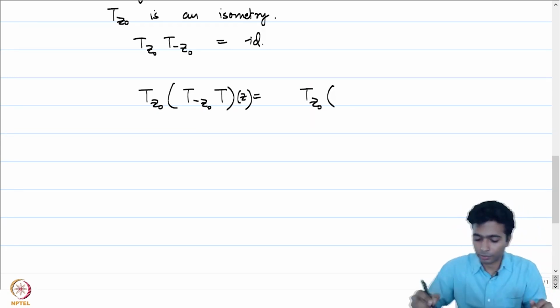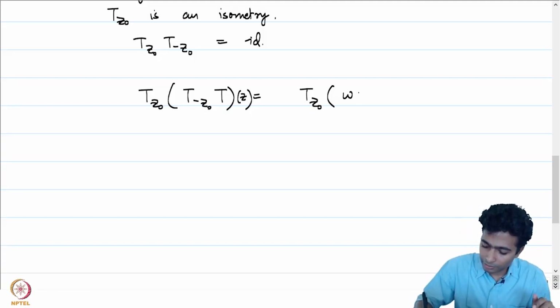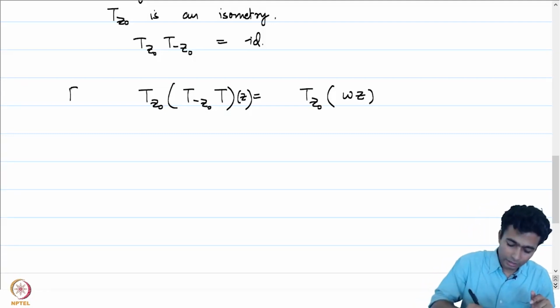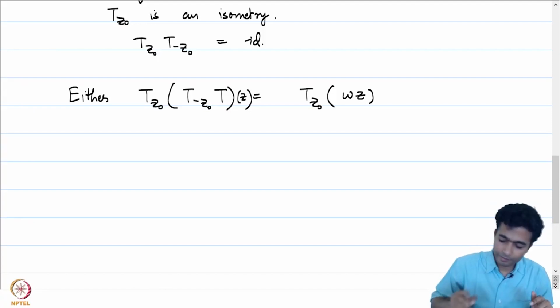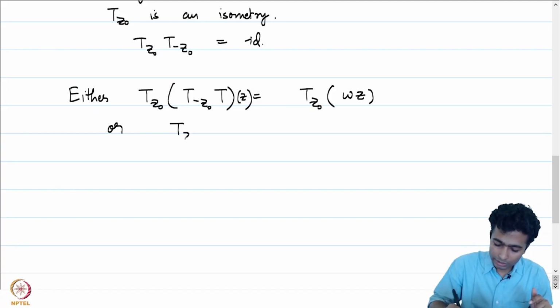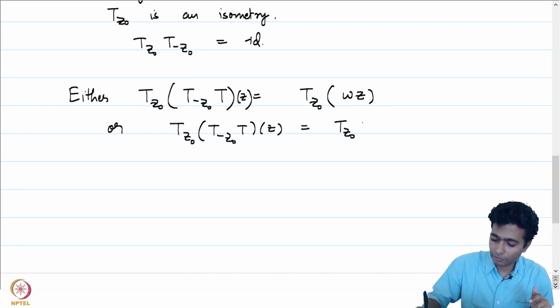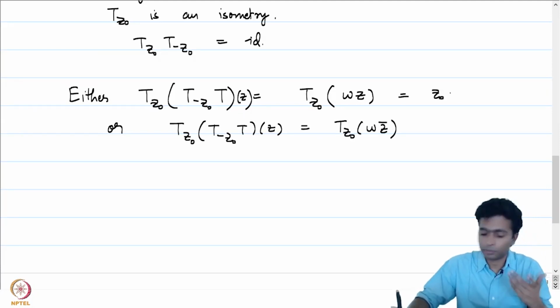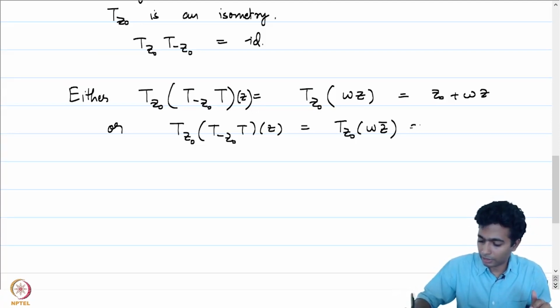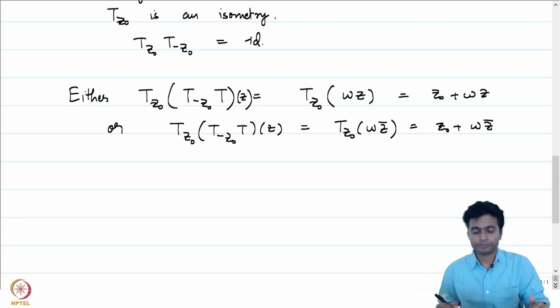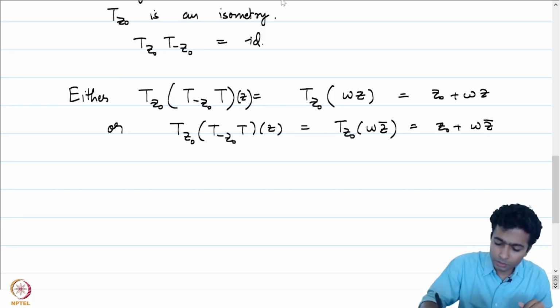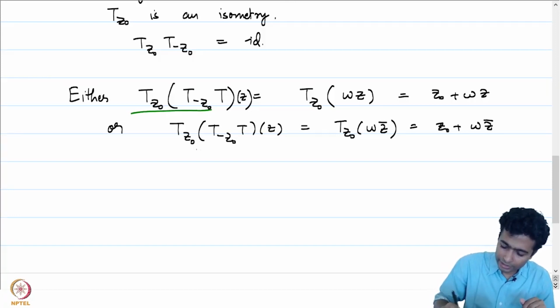That's going to be equal to T z0 of omega times z, or T z0 T minus z0 T of z is equal to T z0 of omega times z bar. Well, what is the first one? The first one is z0 plus omega times z, and the second one is z0 plus omega times z bar. But then let's try to study what the left hand side is.